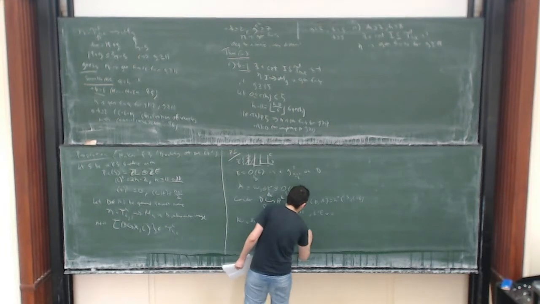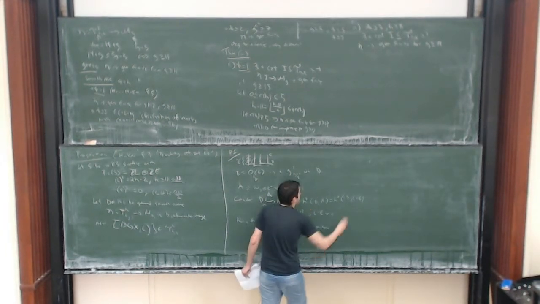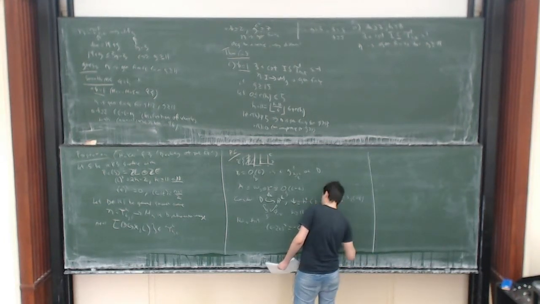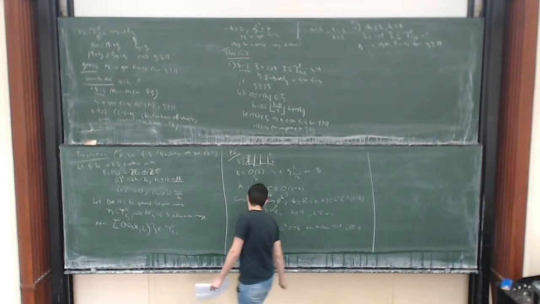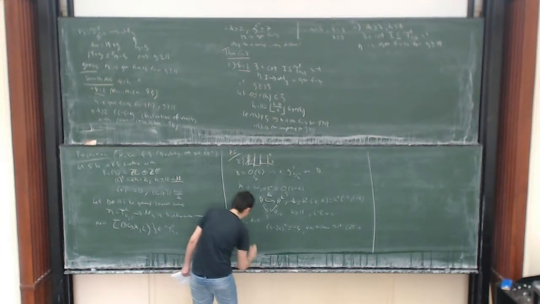And in fact, it's easy to show that L minus 2E is not effective. So the way Mukai does it is he just proves that there are no minus 2 curves here.